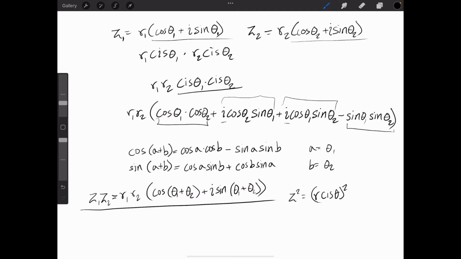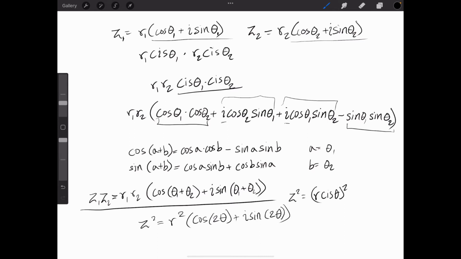So we're just looking at how to do this, and it's basically what we just did. Same modulus, same argument. So instead of all of these different terms, you can just write z squared is equal to r squared, or modulus squared, multiplied by cosine of 2 theta plus I sine of 2 theta.